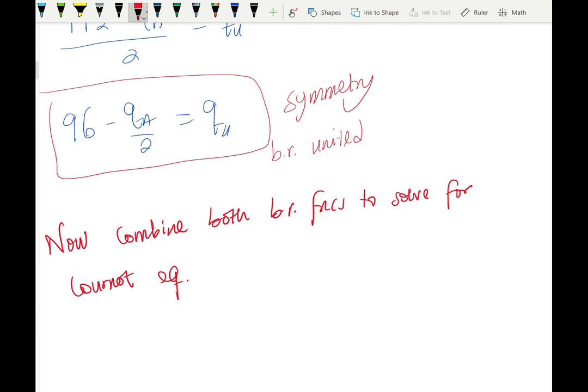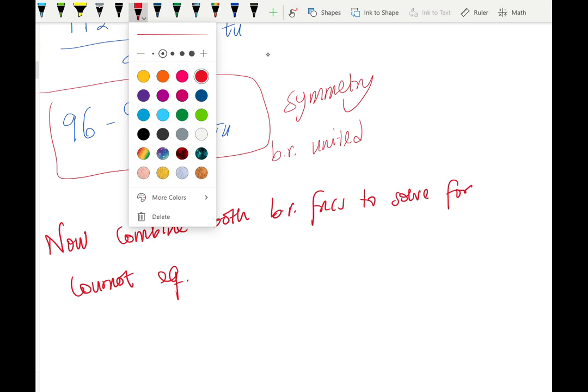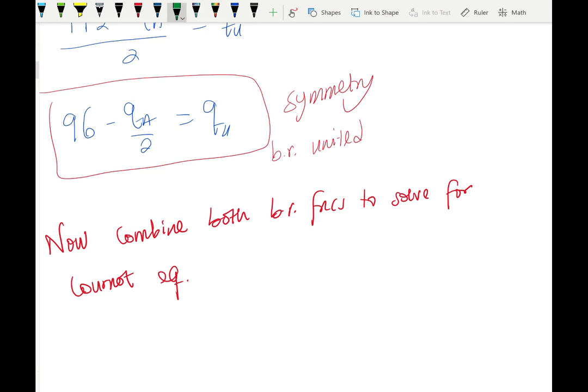In other words, we're going to solve both equations simultaneously.